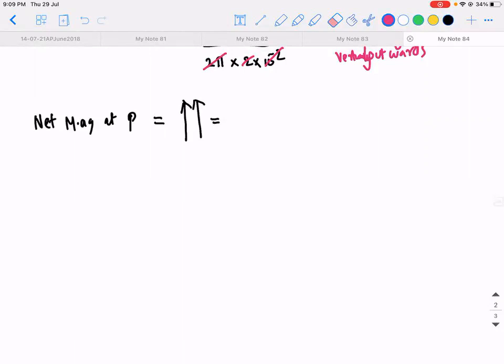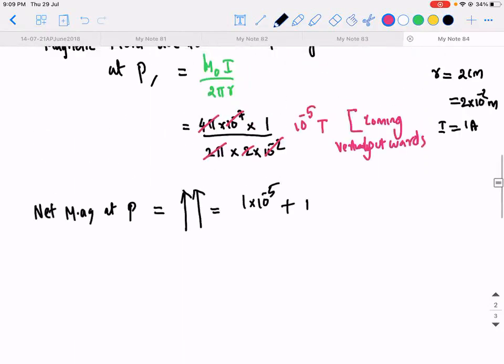So 1 into 10 to the power of minus 5 plus 10 to the power of minus 5, which is 2 into 10 to the power of minus 5 Tesla.